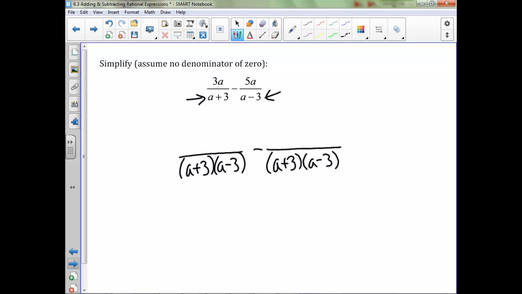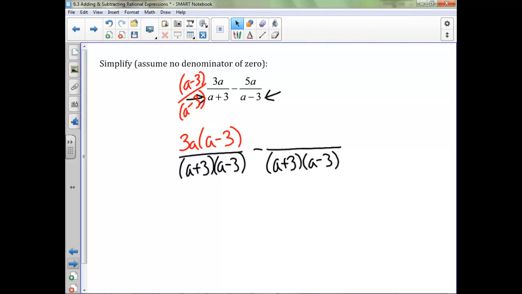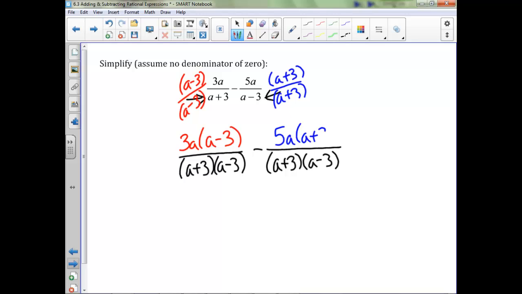Notice this first fraction, we had to multiply by a minus 3 over a minus 3. So we'll have 3a times a minus 3. And on this left side, we had to multiply by a plus 3 over a plus 3. So we'll have 5a times a plus 3.